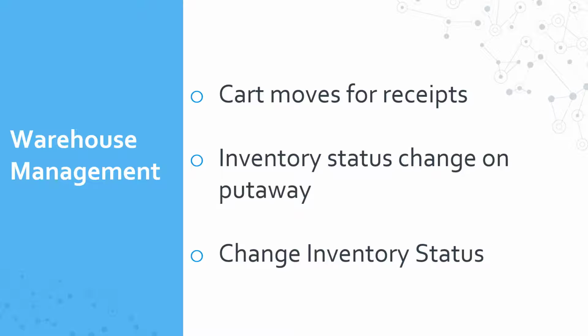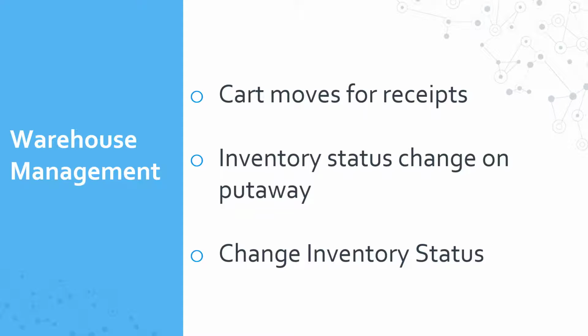NetSuite WMS 21.1 includes several enhancements designed to improve your ability to manage inventory. For inbound processing, you can now perform cart moves for received items. Using your mobile device, you can move inventory from a staging bin, tracking the quantity, bin, and cart information.